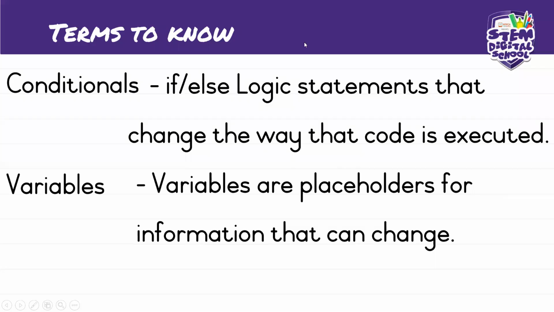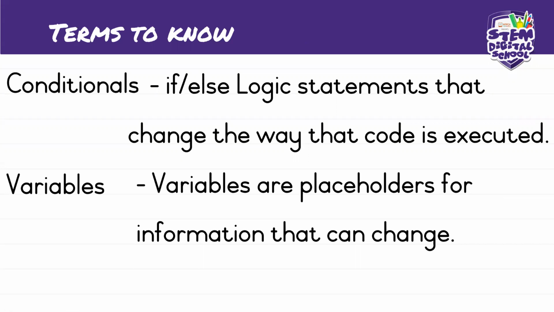So let's have a look at some of these terms that we need to know about. The first one there is conditionals. Conditionals are if-else logic statements that change the way that code is executed, okay? I'm not going to continue on that for too long because you'll see it in a second.